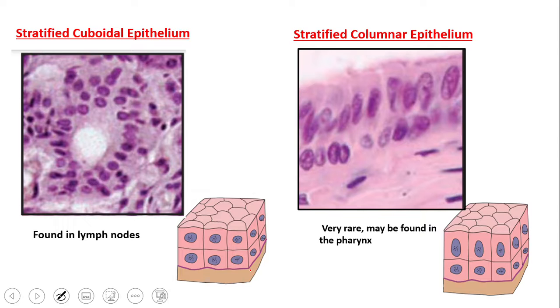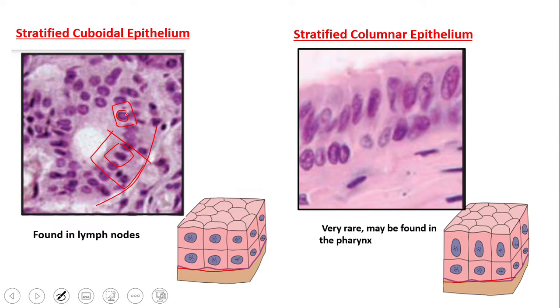Here also we have stratified epithelium because there is more than one layer of cells above the basement membrane. So here is the basement membrane, and here you can see more than one layer. How to get the second name? Again, we look at the top cells. You see that the top cells have circular nuclei.